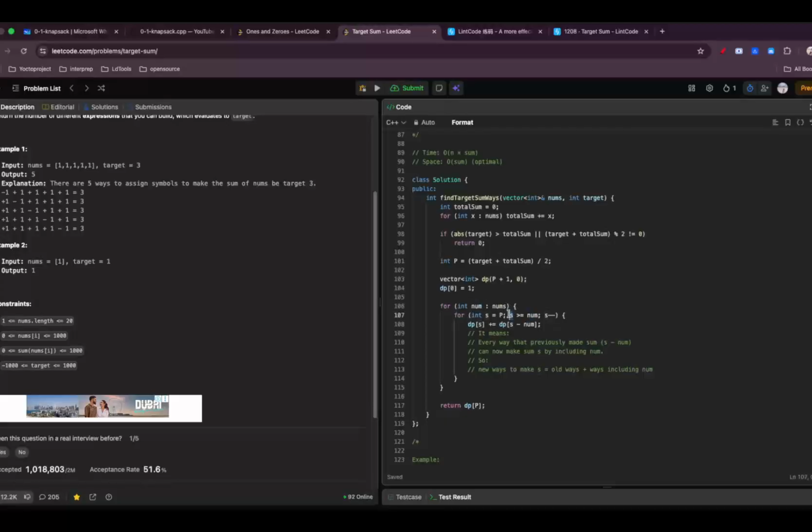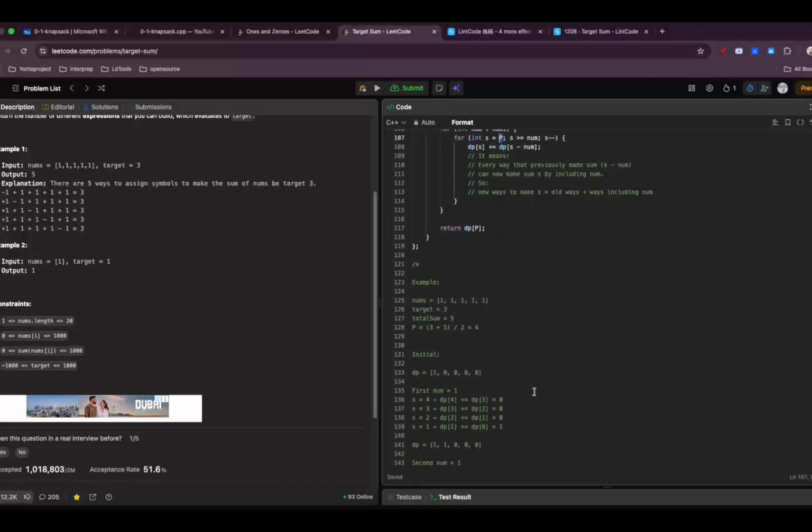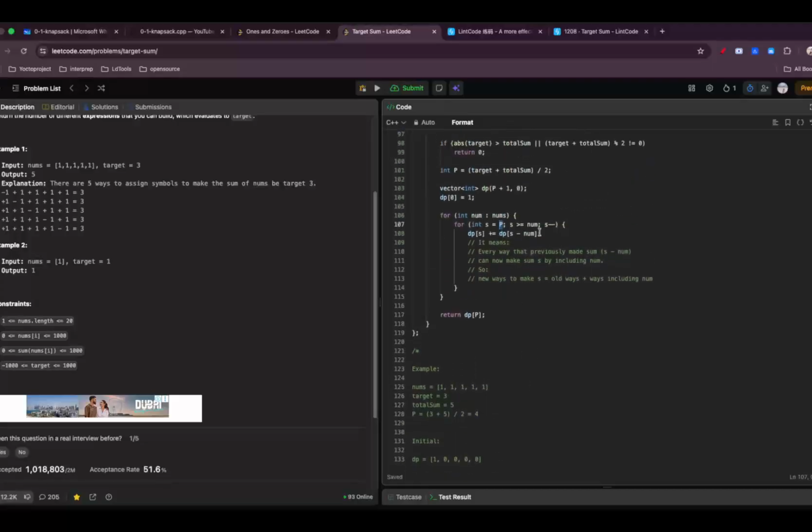While s is greater than or equal to num, we go ahead and subtract. So if we subtract num from s, and we have somewhere stored the ways for s minus num, we add that up.